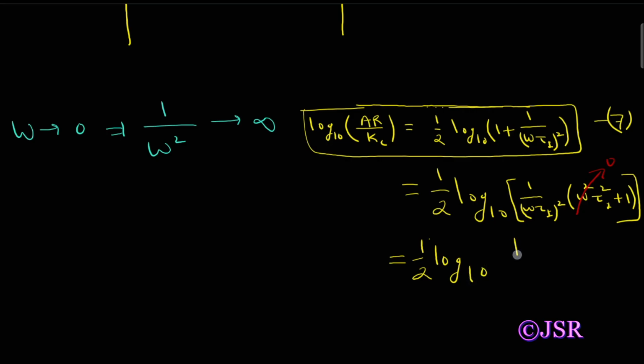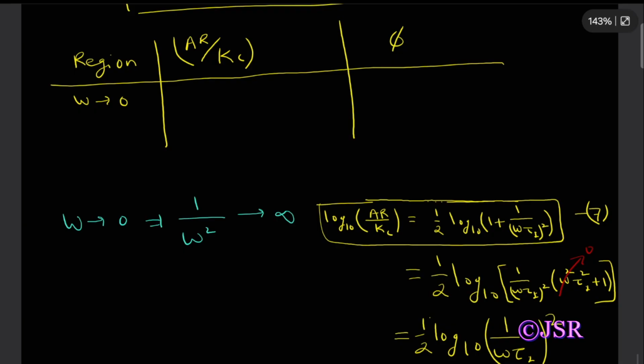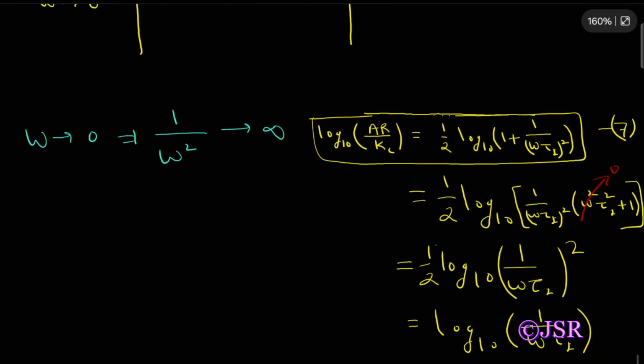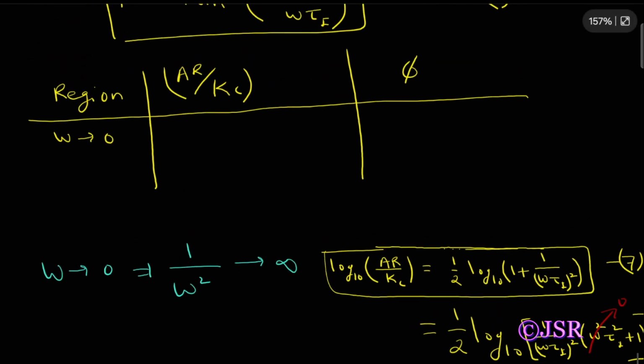This will be log 10 of 1 upon omega tau I whole square. So we will get log 10 of 1 upon omega tau I. So when omega tends to 0, this AR by Kc tends to 1 upon omega tau I.